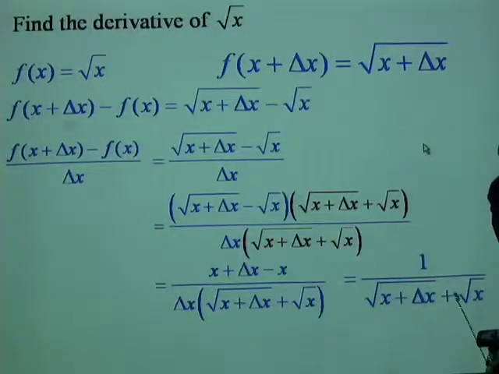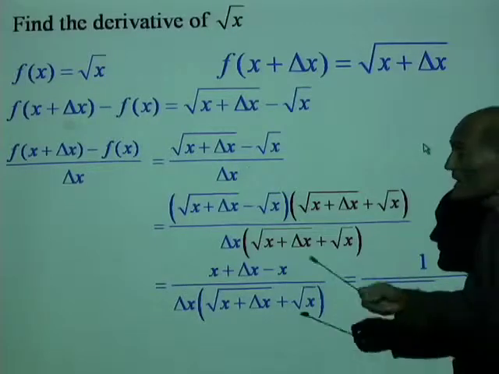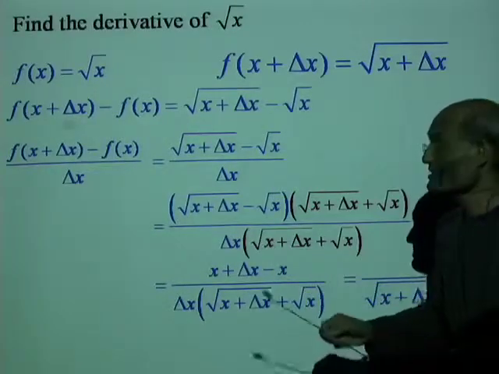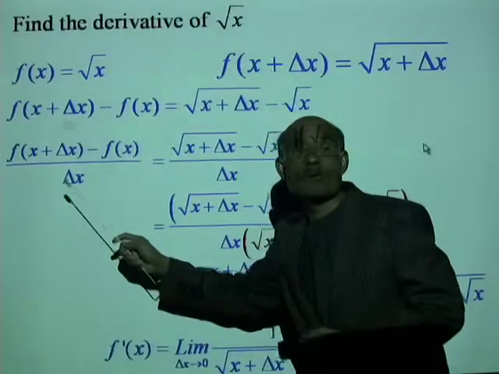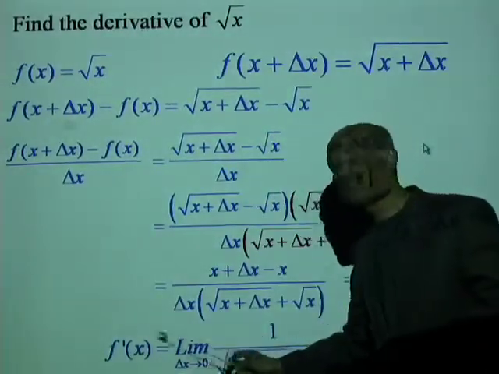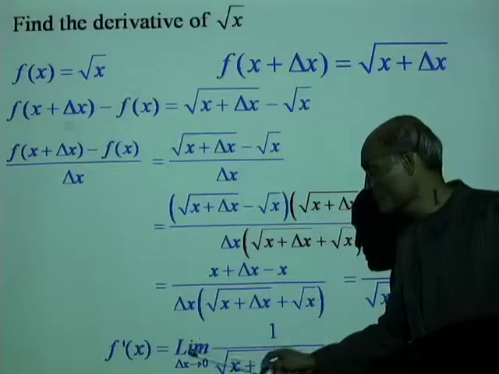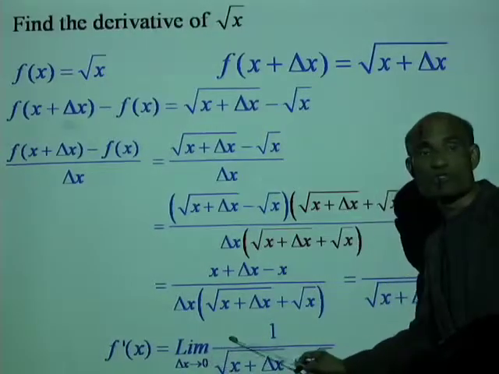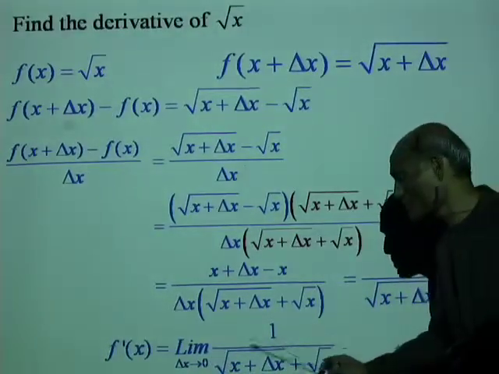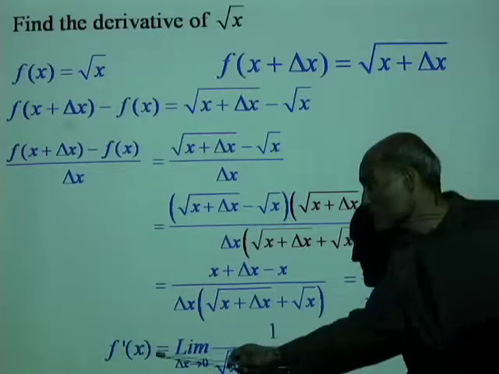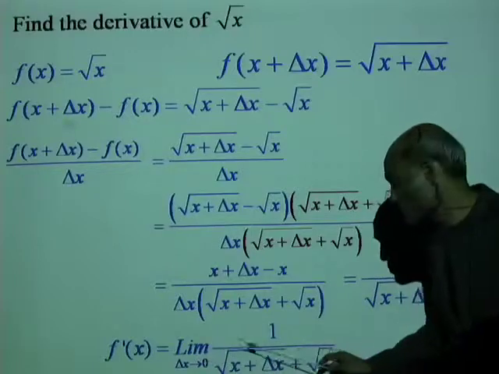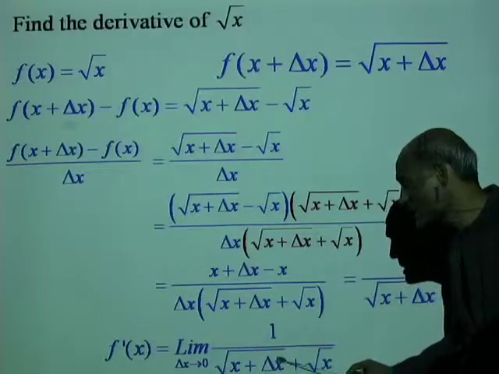When does the average rate of change become the instantaneous rate of change? When the delta x approaches 0. So f prime of x is the limiting value when delta x approaches 0 of this quantity. And how do you get that? To find the limiting value when delta x approaches 0, set that delta x equal to 0.